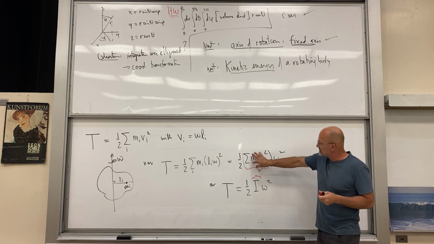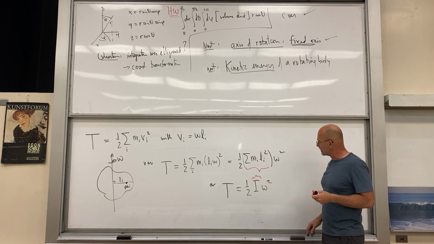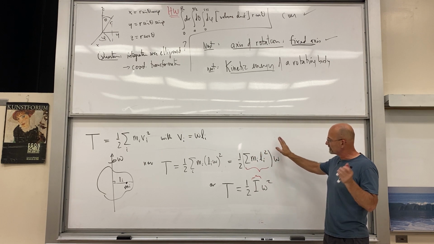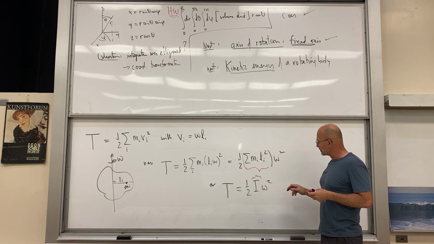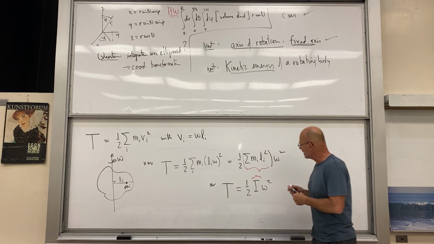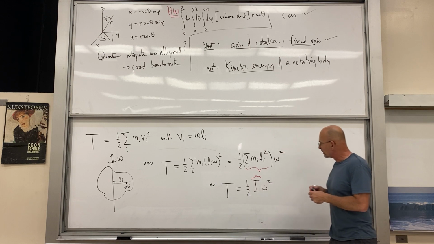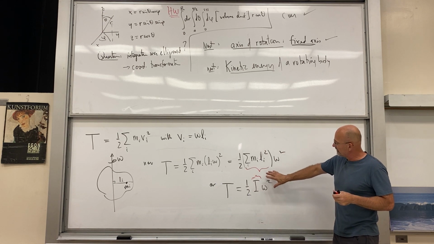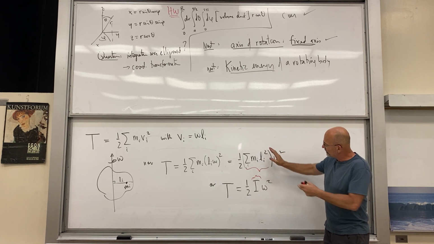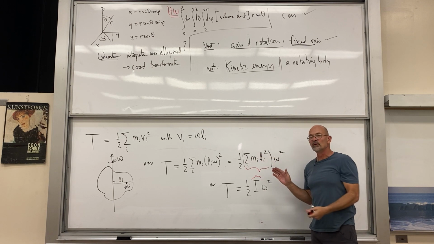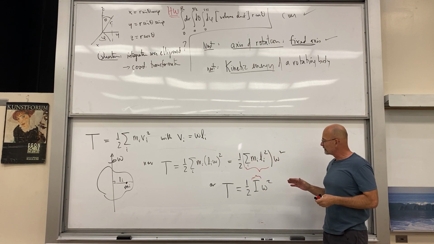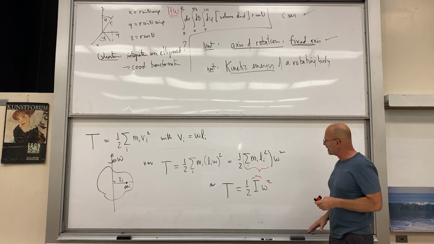And it has the dimensions mass times length squared. Of course, this is 1 over time squared. Dimensions are of course right. And so what we see is that this quantity depends on the mass distribution. The distribution of mass is very important.